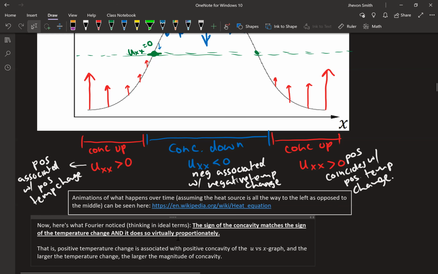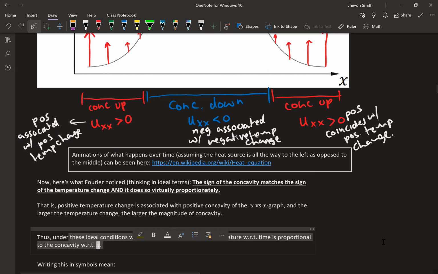The farther you are away from the equilibrium, the more your temperature is going to change, and at the same time, the greater the magnitude of your concavity. So positive temperature change is associated with positive concavity, and the larger the temperature change, the larger the magnitude of concavity. This is basically saying what? The rate of change of temperature is proportional to the concavity with respect to x.